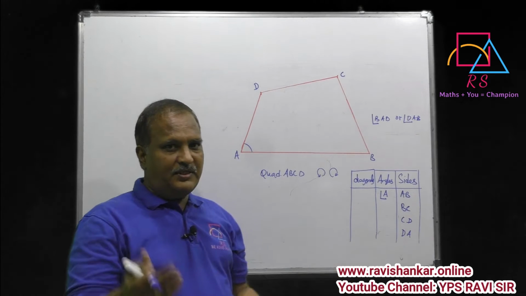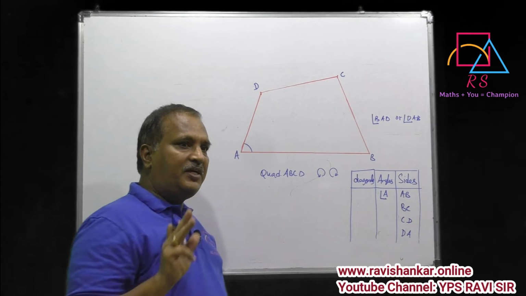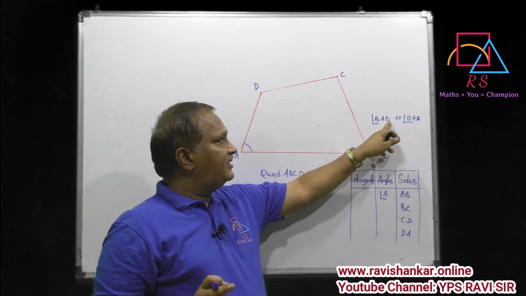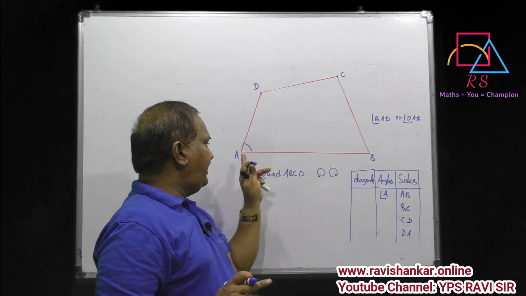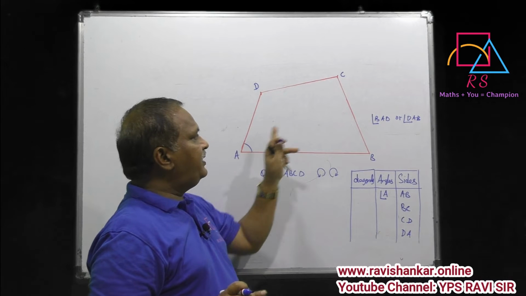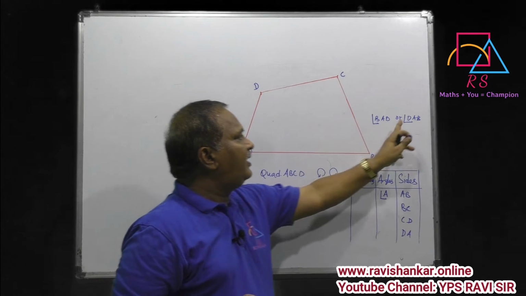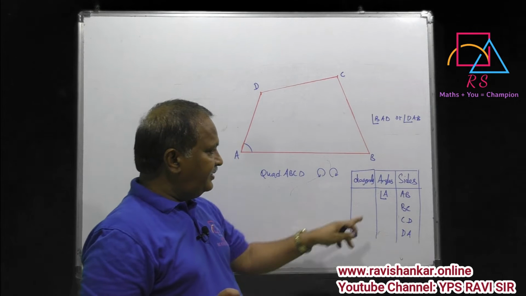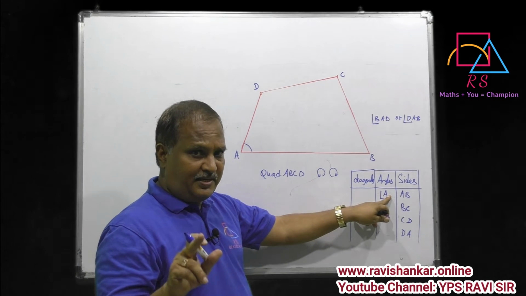Better if you learn all the notations. That means an angle will be denoted with three letters. The vertex should be in the middle. A is the vertex, so A should be in the middle. You can write the other two, B and D, as BAD or DAB. That is okay. Single-letter representation is also possible.